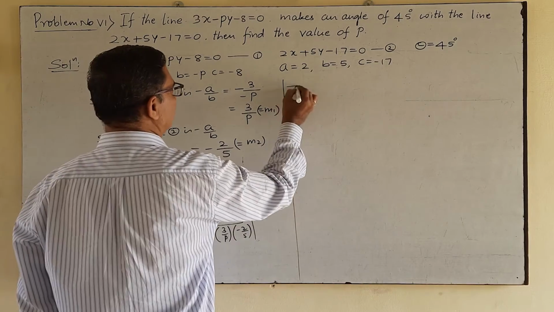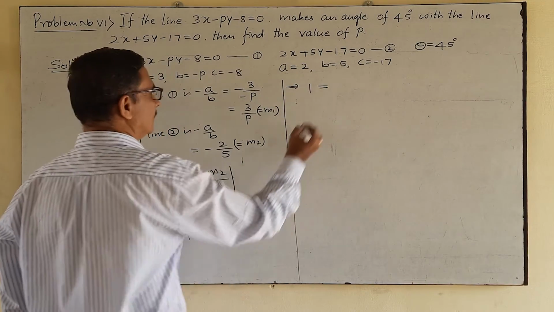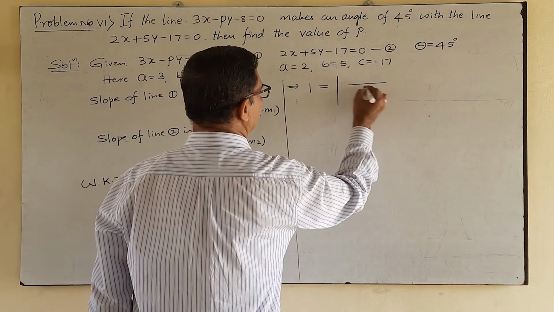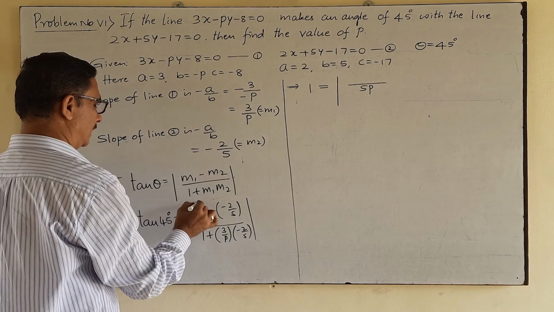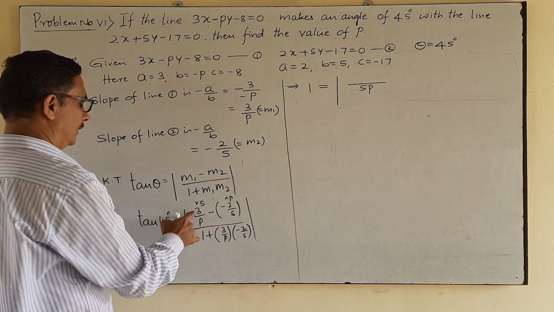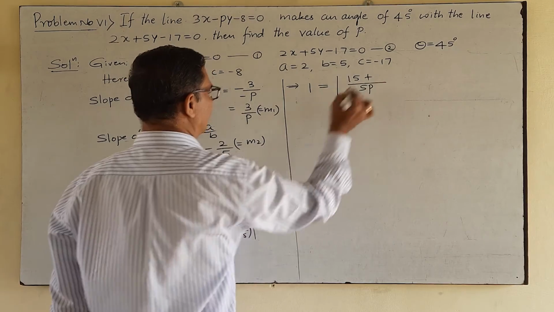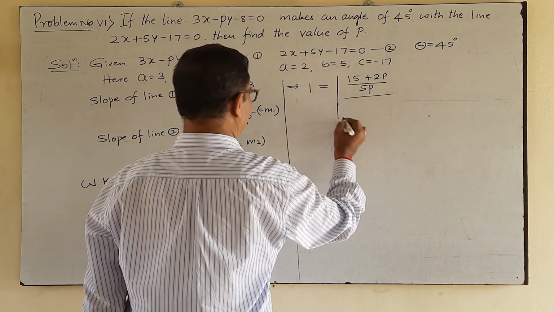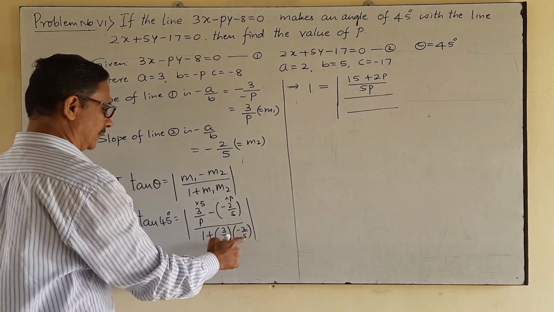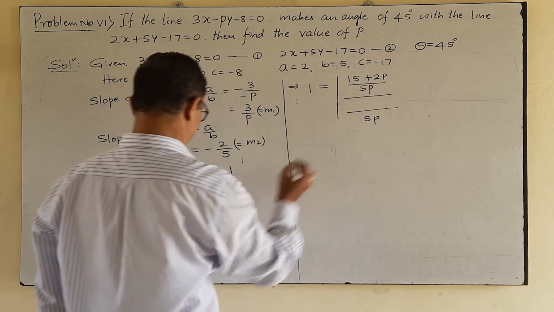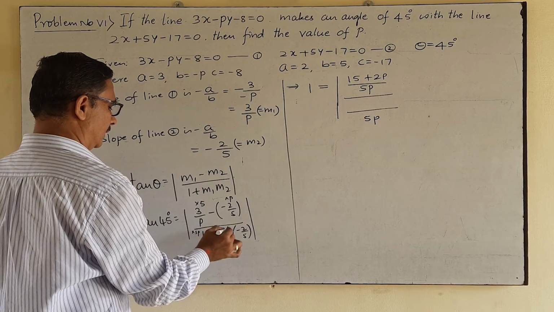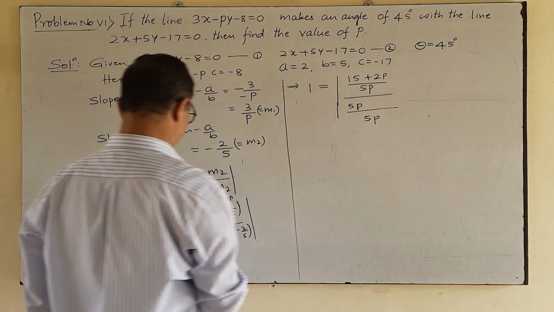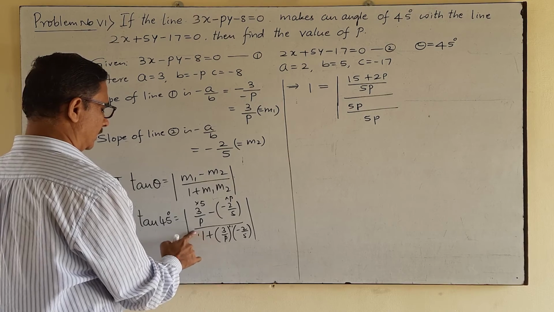Tan 45 degrees, standard angle, is 1, equal to modulus of 3 by p, LCM is 5p. Here multiply by 5, here multiply by p. For 3 into 5, 15, minus into minus plus 2 into p, 2p, divided by, again in the denominator the LCM is 5p. Here multiply by 5p, here multiply by 1, 5p into 1, 5p, correct?